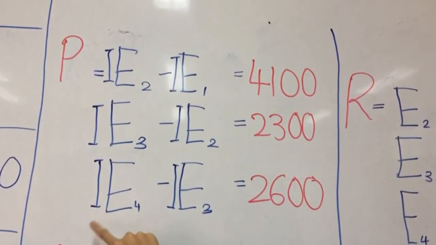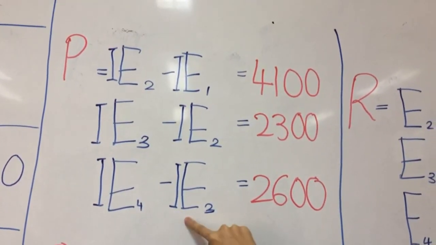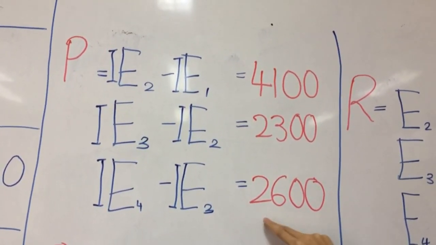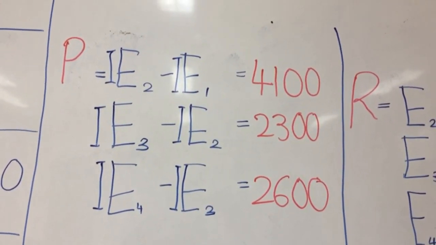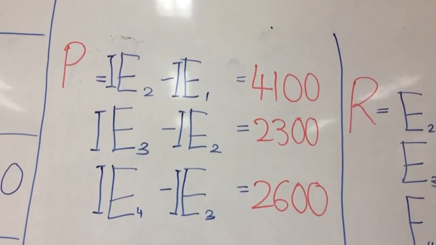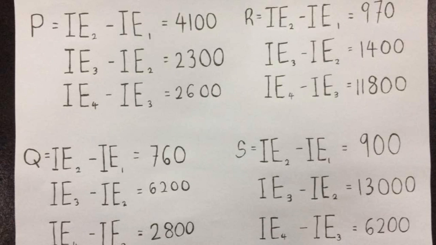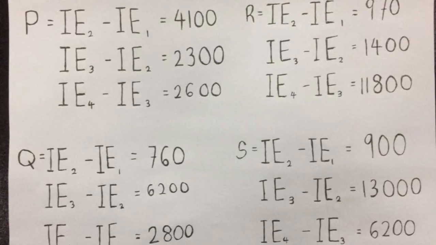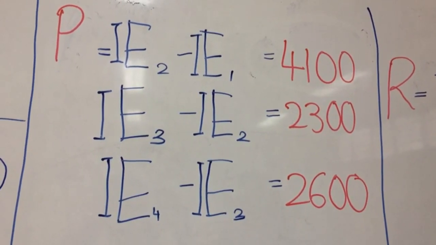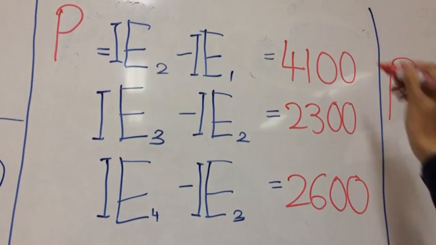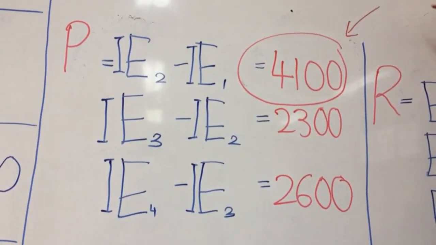Then ionization energy 4 minus ionization energy 3 is equal to 2600. Then we continue with the next element using the same steps. Find the greatest value of the difference between ionization energies. From this difference, we can determine the group of the elements.